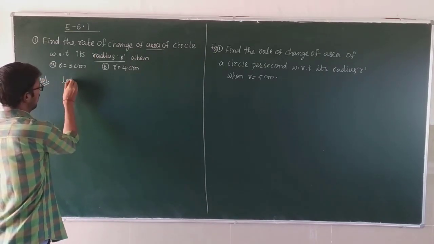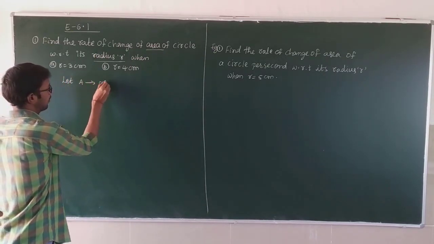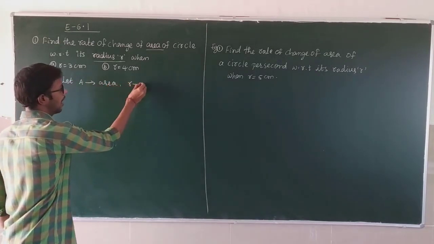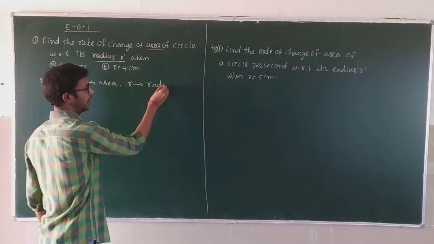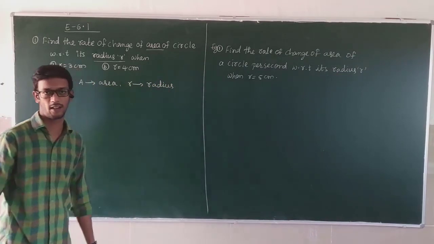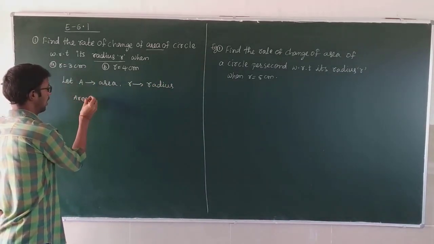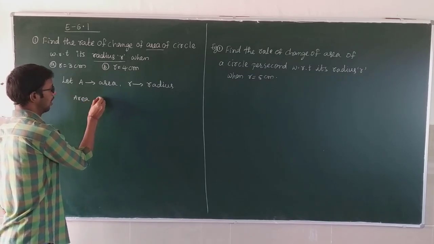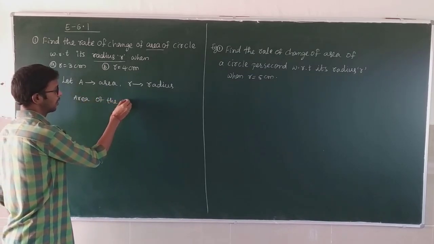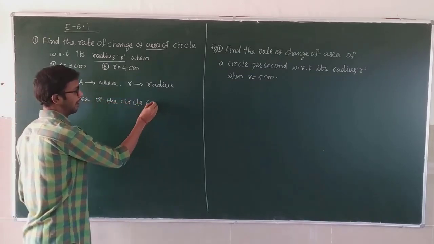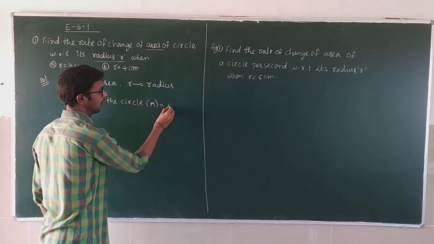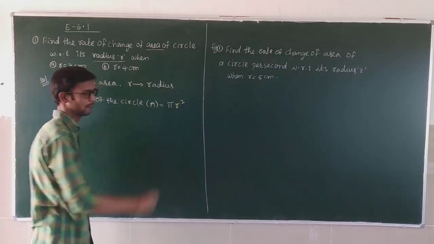Let capital A be the area and r the radius of the circle. The area of the circle is capital A is equal to pi r square.